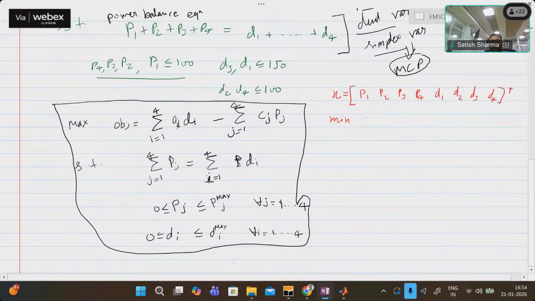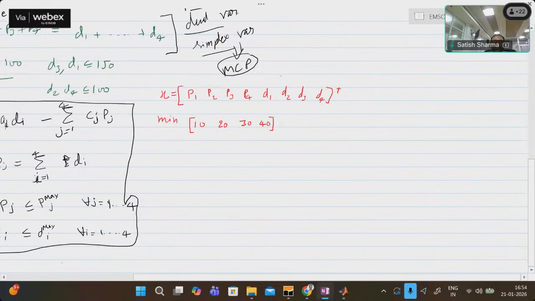I can put it like a matrix here. C1 was 10, 20, 30, 40. MATLAB is all about matrices, so all the data has to be provided in terms of matrices. So 40, and then we have x. Okay, wait.